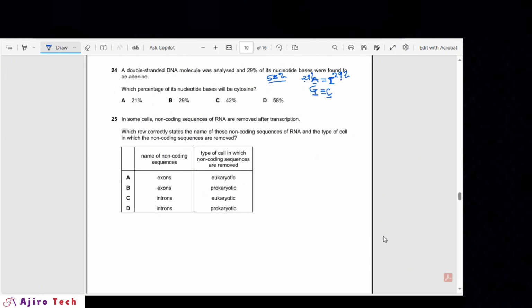Everything has to be 100. So 100 minus 58, that's 42% left. So 42% to be shared between the both of them, and that will be 21% for each of them. So 21% for cytosine.